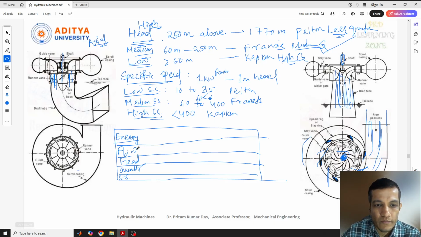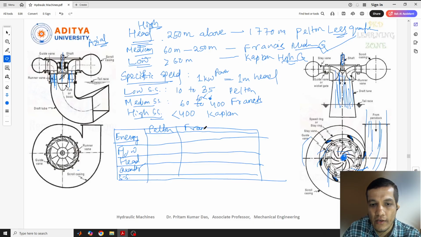Here I want to give a brief of the energy level and the different turbines we have considered. Basically we have taken only three. One is Pelton, second is Francis, and next is Kaplan.